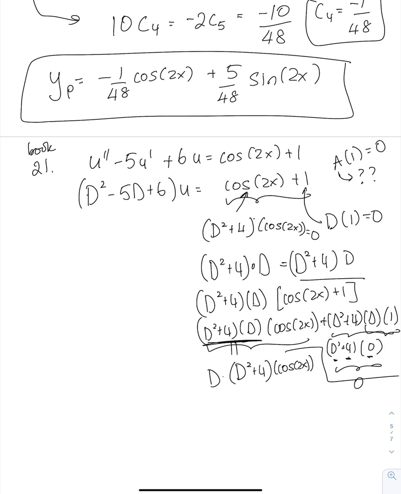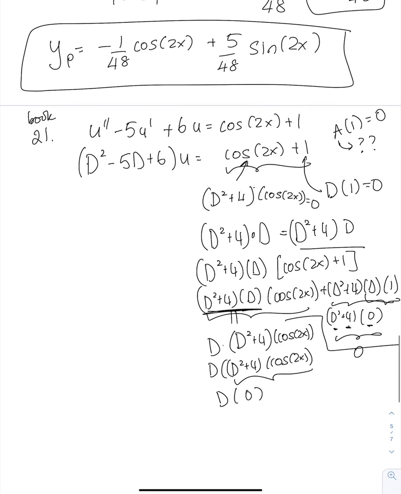So that is D of D squared plus 4 applied to cosine 2x. But we already know D squared plus 4 annihilates cosine 2x, so that is just 0. What is the derivative of 0? That's just 0.